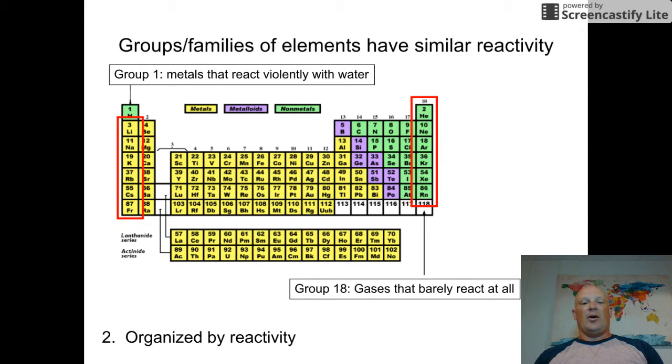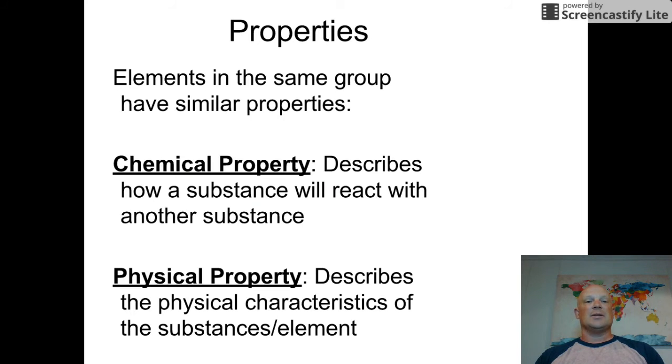On the other end, all the way to the end, group 18, they're gases that barely react at all with anything. So group 1 is very reactive with the exception of hydrogen. They're all metals. Group 18, they're all gases called the noble gases, and they barely react to anything. So they're grouped by similar reactivity, which is determined by their electrons.